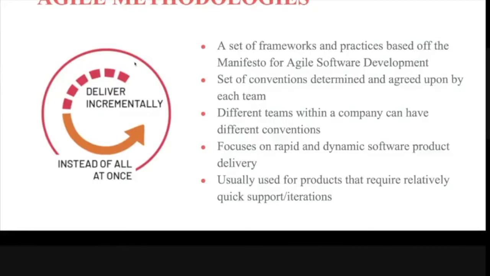At regular intervals, the team will reflect on how to become more effective, and will tune and adjust its behavior accordingly. And so I'm going to go into the Scrum methodology. This is a subset of Agile methodologies. Then I'll go into the elements of Scrum.